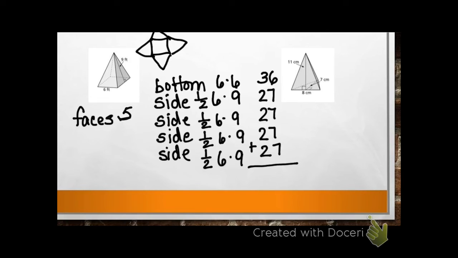I'll say, 7 times 4 is 28. 28 plus 6 is 34. So I'll carry my 3. Again, I have 4 2's. 4 times 2 is 8. 8 plus 3 is 11. 11 plus 3 is 14. Okay, so what is my surface area equal to? It's equal to 144 feet squared.